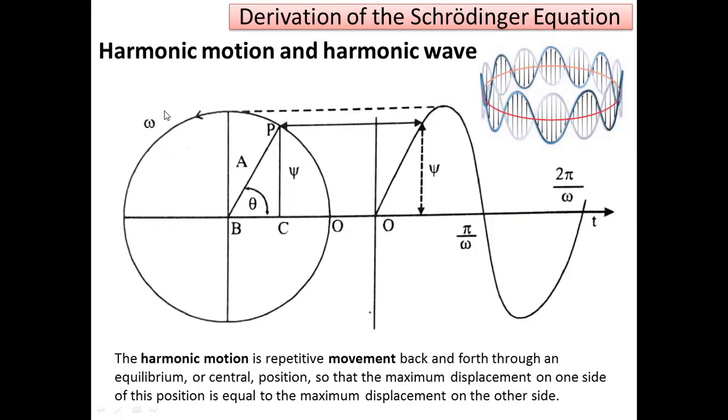So this electron will be moving in a harmonic motion, and according to our previous lecture, according to the de Broglie equation, when the electron is moving in a circular motion with some angular velocity, it must be creating a wave, because of the particle-like properties of the wave and the wave-like properties of the particle.